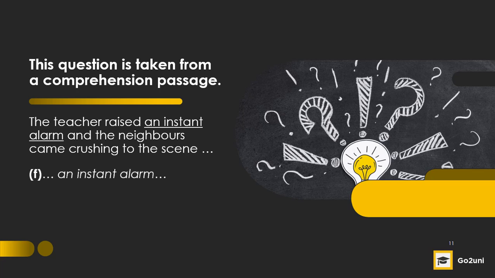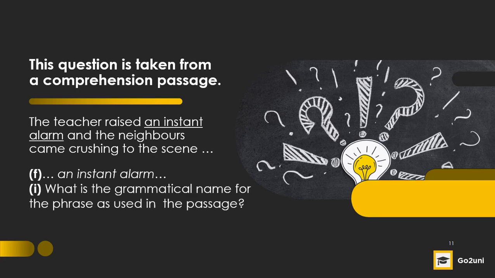So an instant alarm is underlined. So the question now is, what is the grammatical name for the phrase as used in the passage? Another part of the question is, what is its grammatical function?